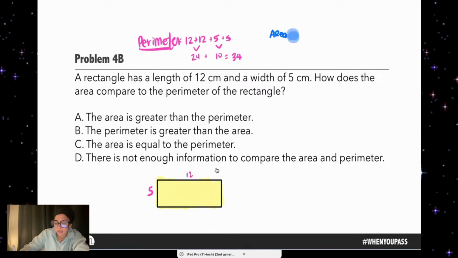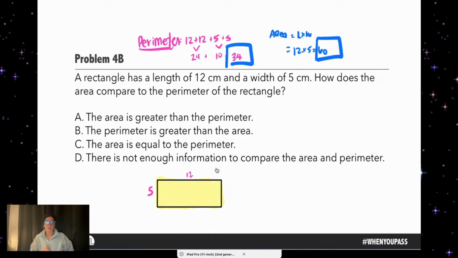So area equals length times width. So 12 times 5 equals 60. Which one is greater? The area is greater than the perimeter. So A is going to be the correct answer.